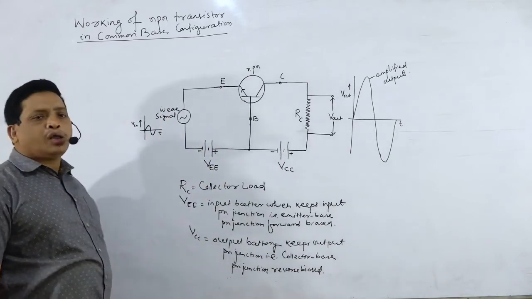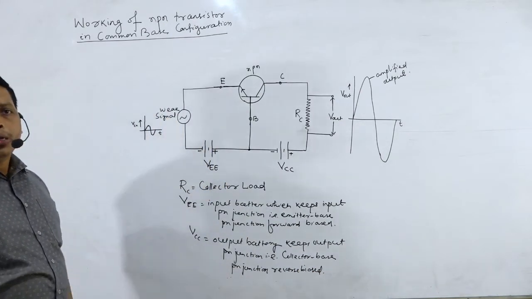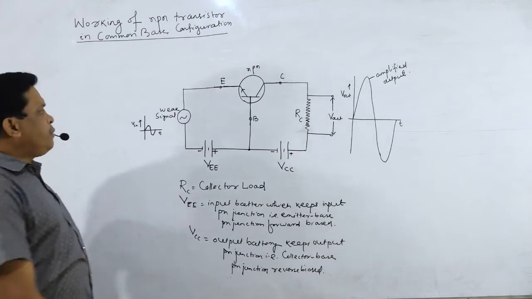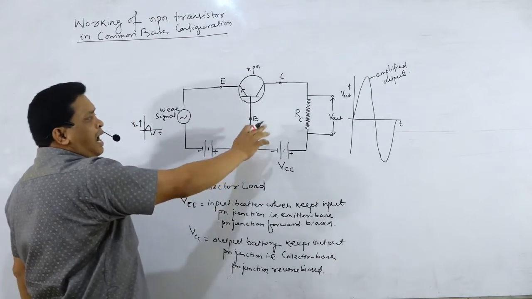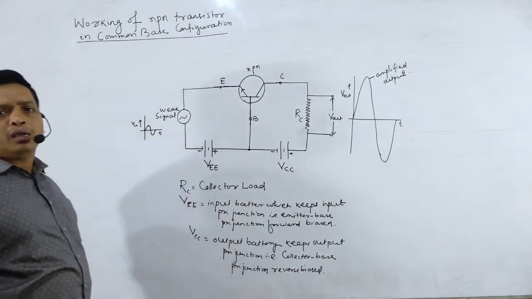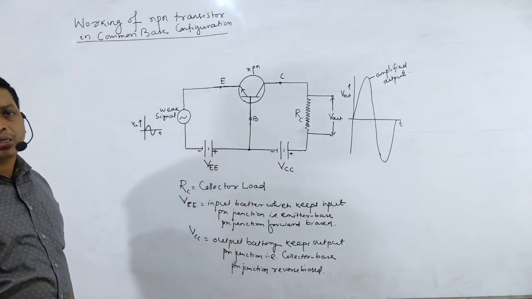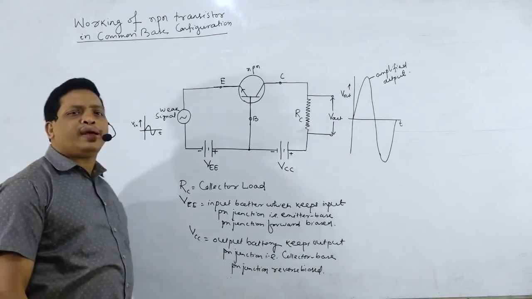So since the input PN junction is forward biased, input resistance is very low, and since the output PN junction is reverse biased, output resistance is very high.